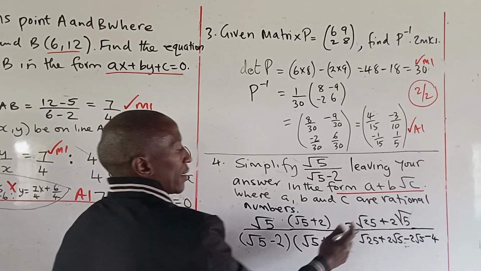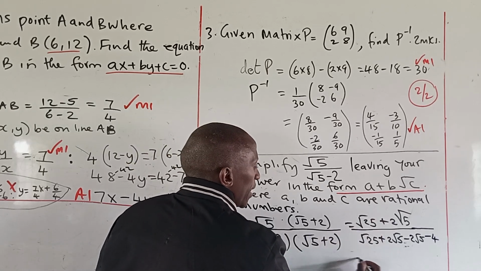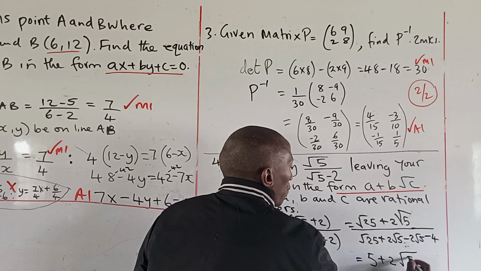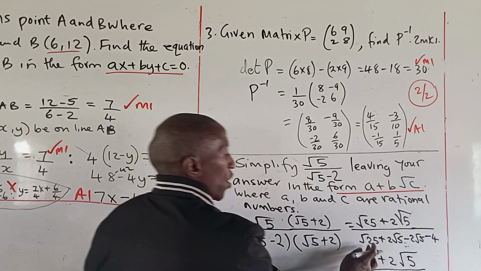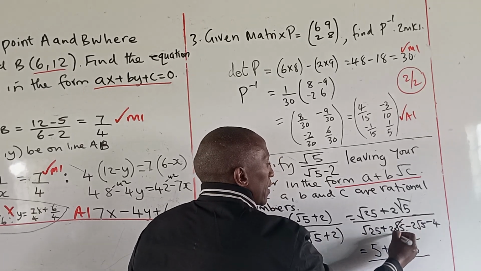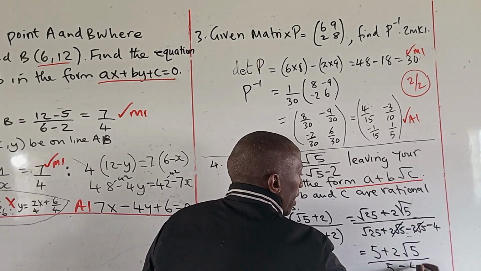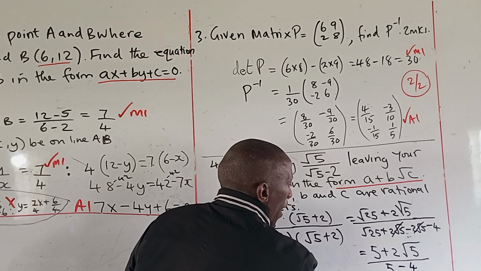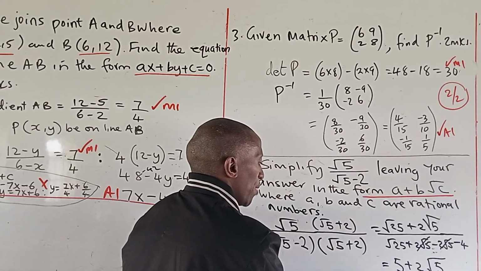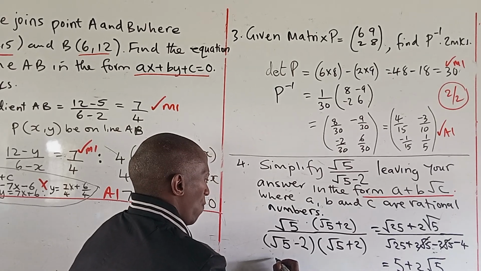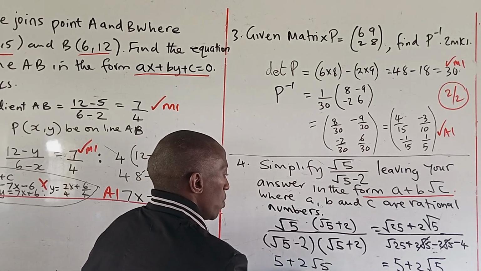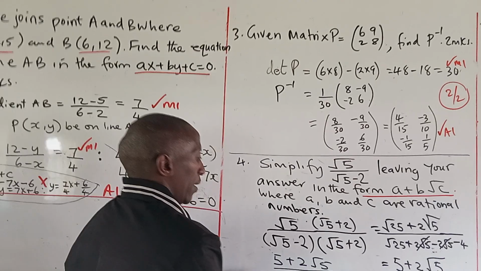So root 25 is reduced to 5, plus 2 root 5, all over root 25 is 5, minus this subtracts out and you get -4, and this comes to be 5 plus 2 root 5 all over 1.